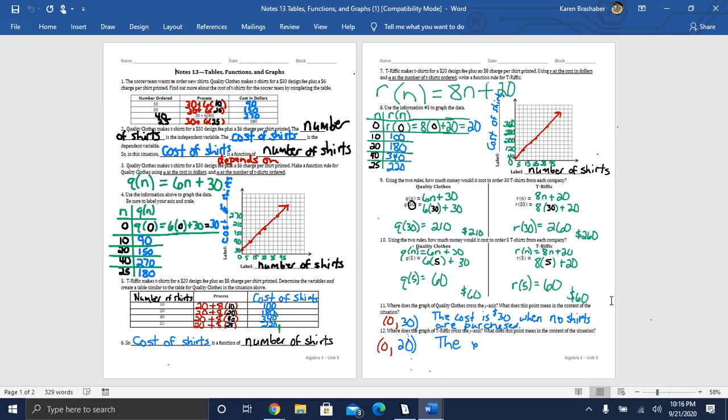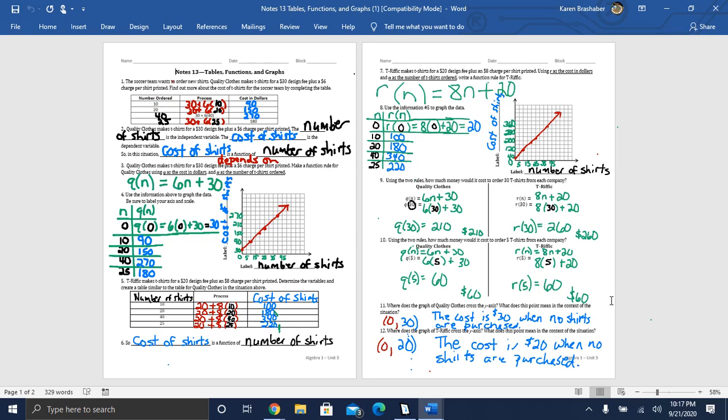The cost, so let me get this erased and try again. The cost is $20 when no shirts are purchased.